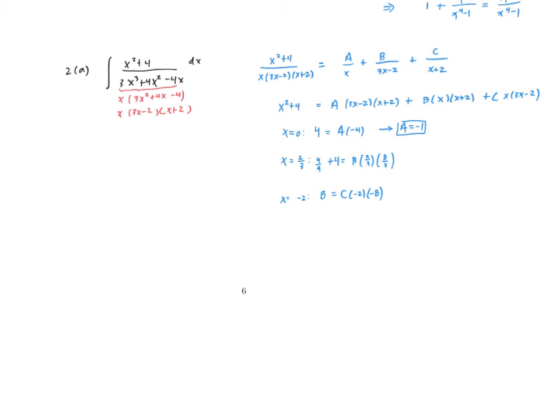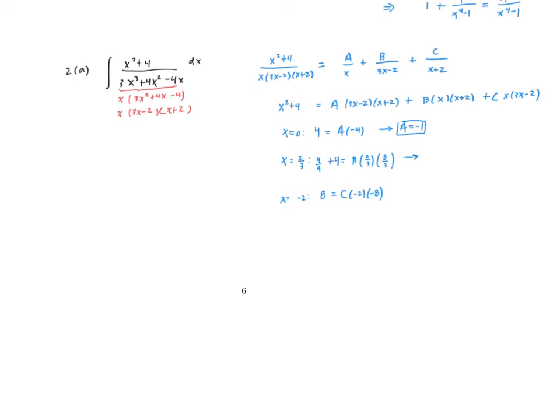Similarly, to solve for B, we can substitute in x equals 2/3 to make the A term and the C term vanish. So when we substitute in x equals 2/3, we're left with on the left 4/9 plus 4, and on the right it's B times, when we multiply these together, 16/9.